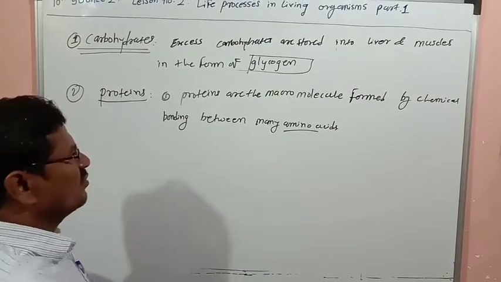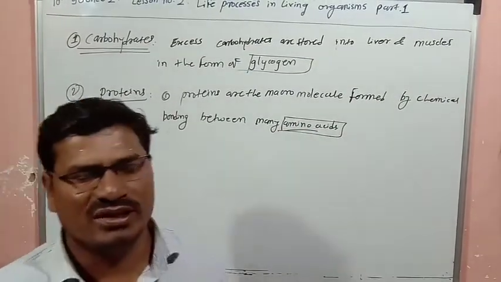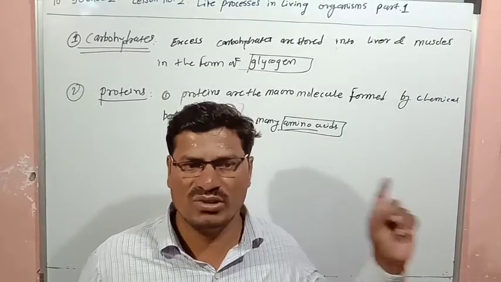So you can say proteins are the macromolecules of amino acids, larger molecules of amino acids. Many amino acids are joined together and proteins are formed.